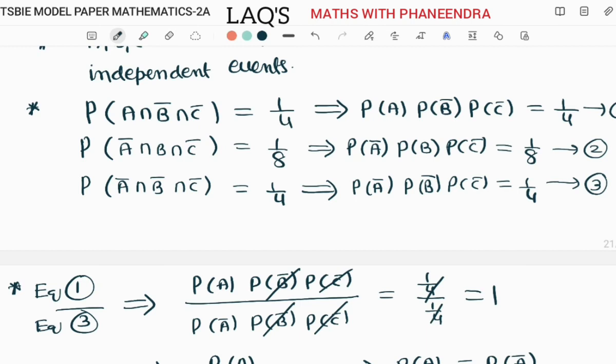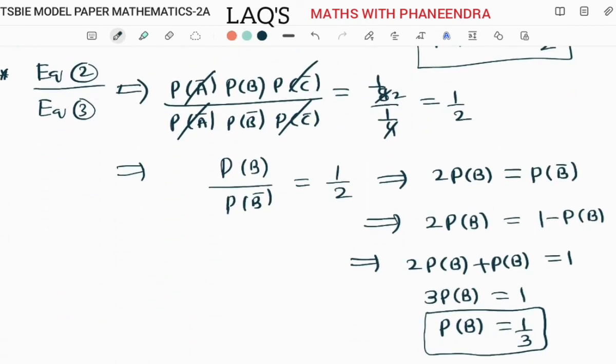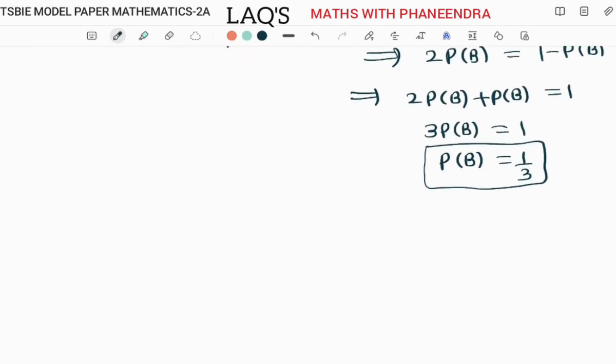Better to take the first one. So P of B is 1 by 3, obviously P of B complement is 1 minus P of B only, no? So 1 minus 1 by 3 is equal to 2 by 3. So this is P of B complement.